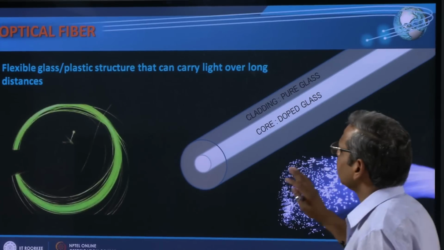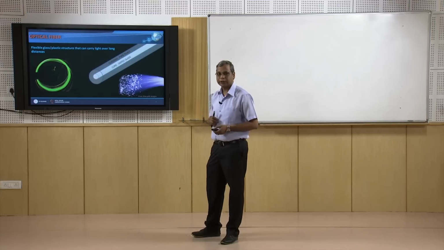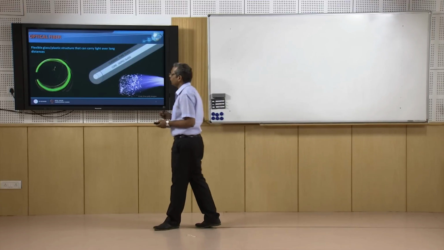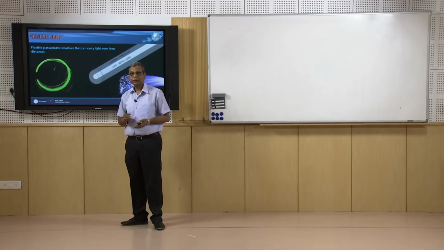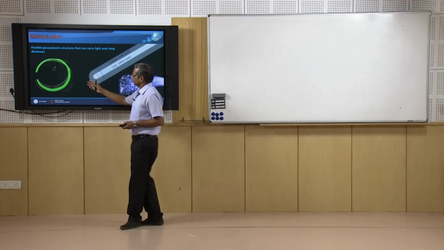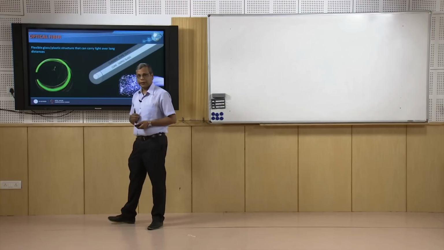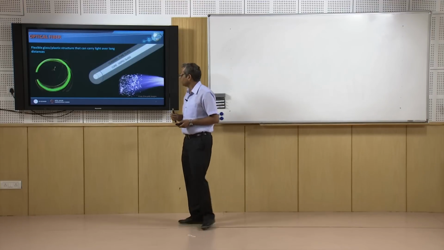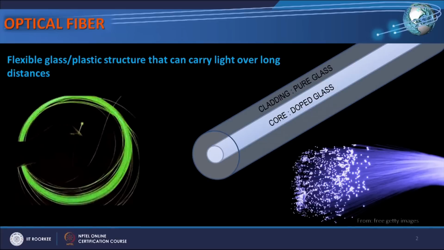This forms a flexible structure which can carry light over very long distances, and the material can be glass or plastic. This is a typical glass fiber illuminated by green laser light, and this is a typical plastic fiber bundle which is illuminated by white light.